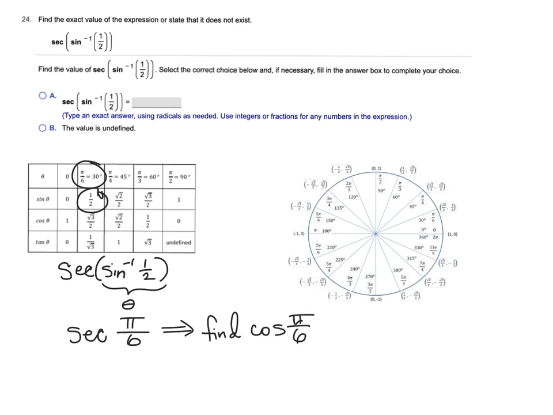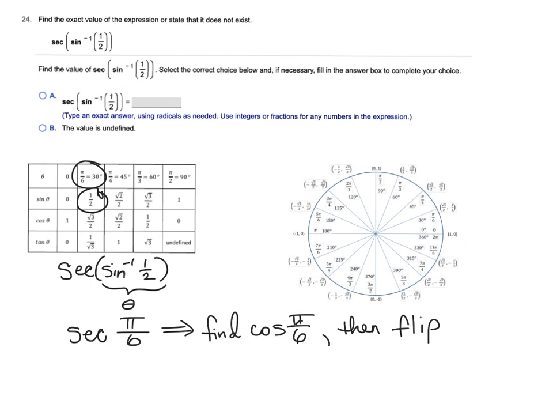So let's find the cosine, then all we have to do is flip it. So let's find cosine of pi over 6 first, then flip. Once again, because pi over 6 is a first quadrant angle, you can use either the unit circle or my reference guide. It doesn't matter.